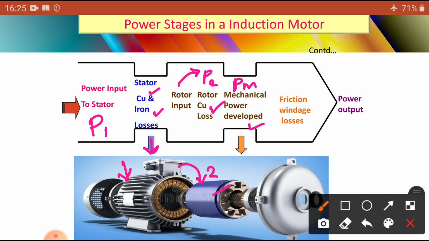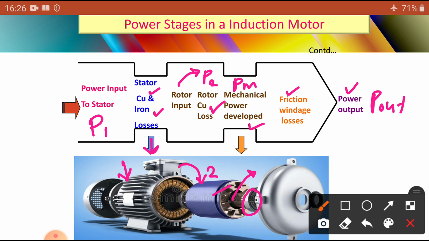Here there are bearings, so we subtract the friction and windage losses, and we get the P out.